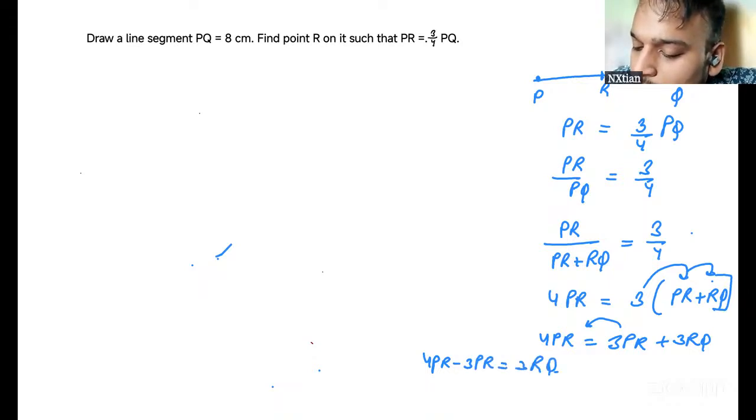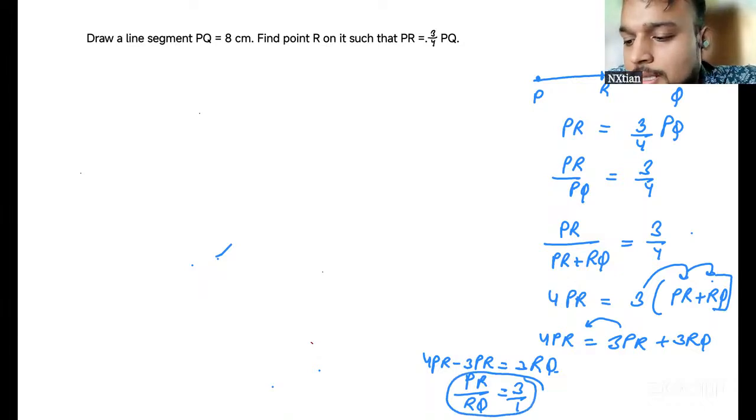So PR upon RQ ratio will become 3 upon 1. Means this is 3 and this is 1. Now you have to solve it. Understood guys? Yes.